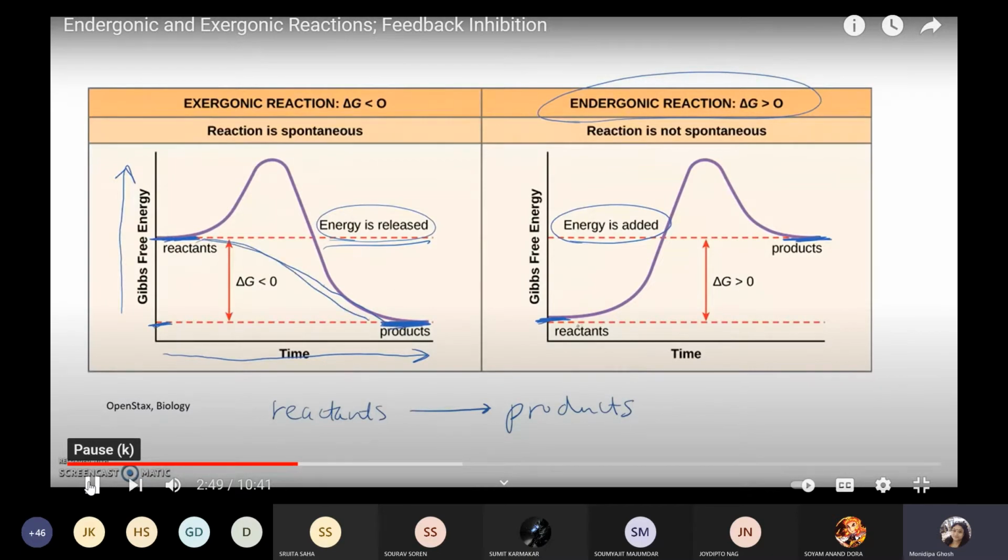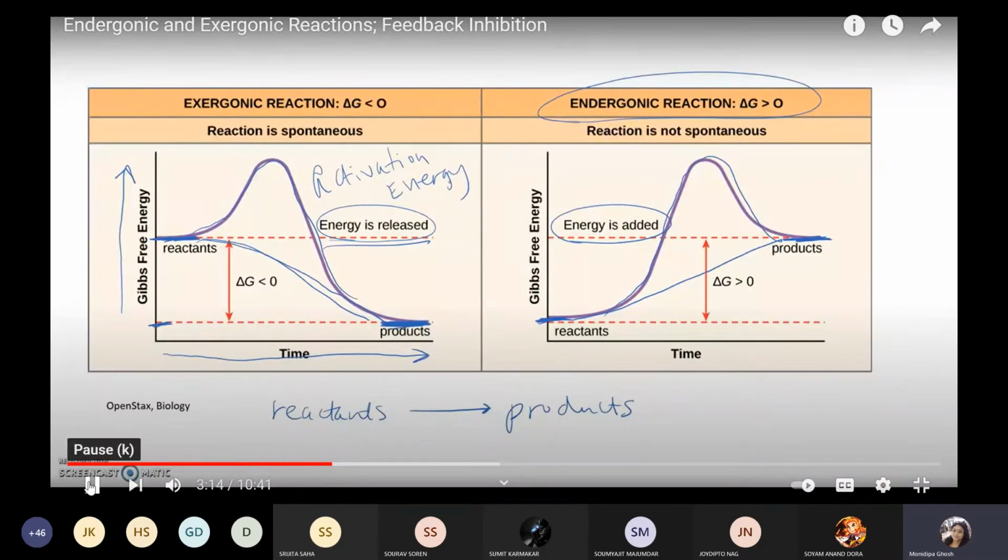Instead, we have this sort of hump of energy that has to be overcome in order for the reaction to go forward. That energy is called the energy of activation, or activation energy.